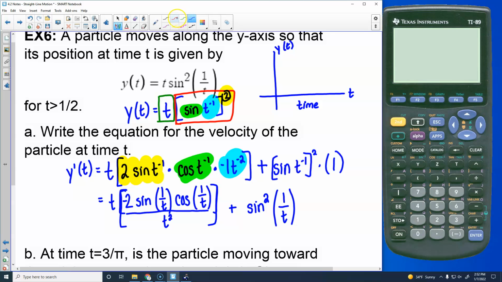I can actually, if I want to here, cancel this t with one of the t's here. And so this is my velocity function. It's crazy. You could stop on the first step. It's just going to be easier to do part B if we have it looking like this instead. But you could stop there for that first step.